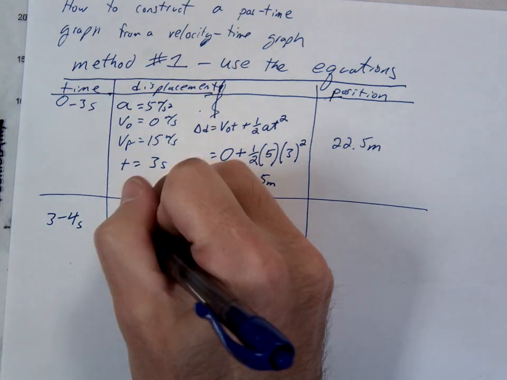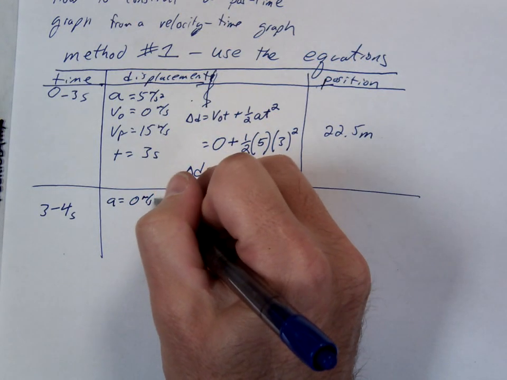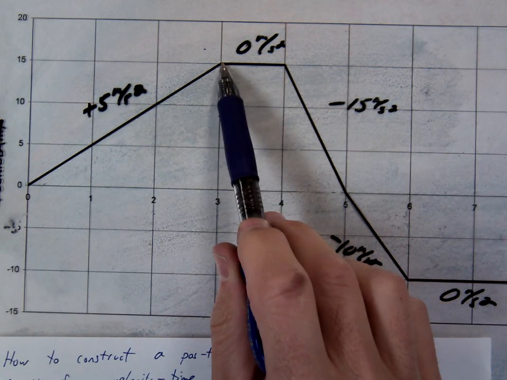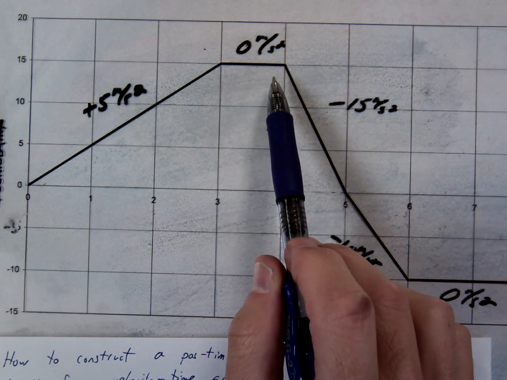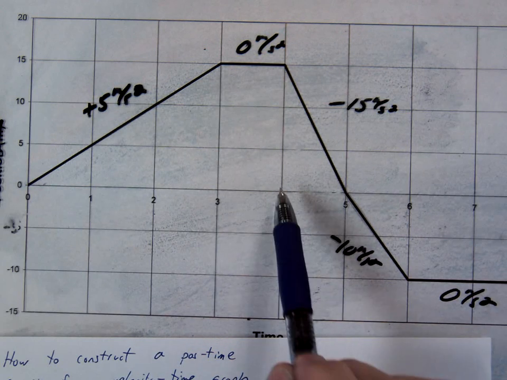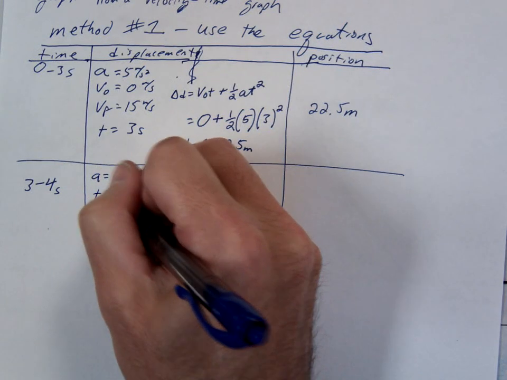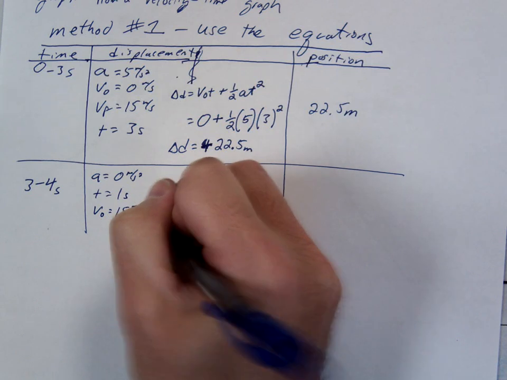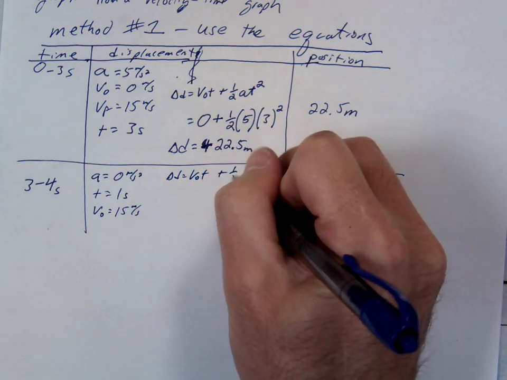So from 3 to 4, what's our acceleration? 0. Right here, 3 to 4, 0. What's our initial velocity, 3 to 4? 15, right? Right here we're 15. What's our final velocity? 15. And what's our time? 1 second. So be careful, even though it's been 4 seconds, we're only looking between 3 and 4. So that gives us a time of 1 second. Okay, so use the same equation. We're just going to use the same one all the way through, even though you could use other things.